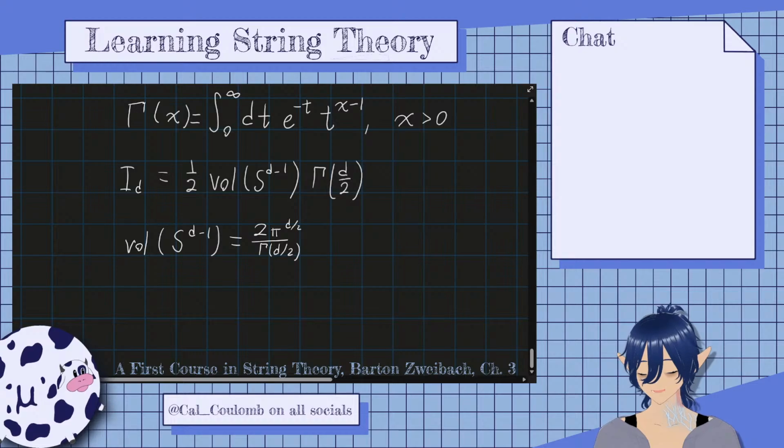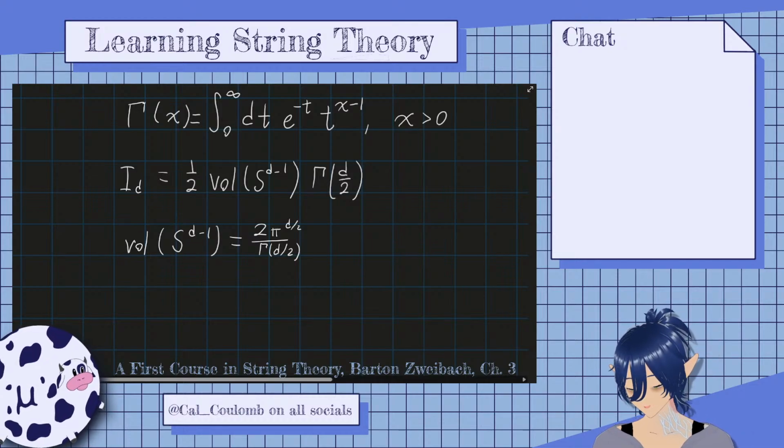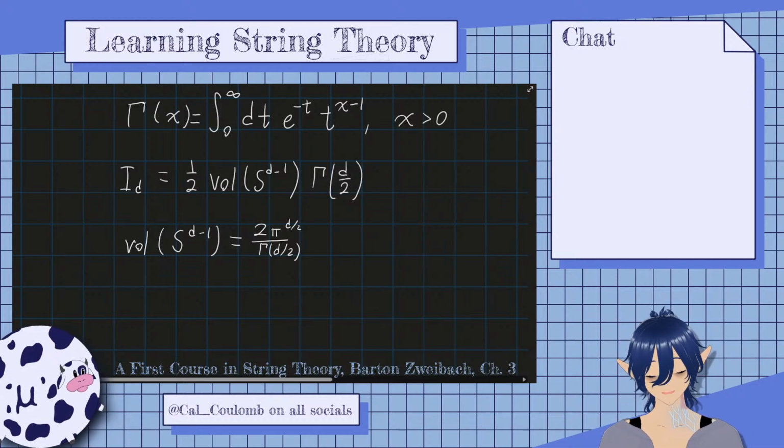It now remains to calculate the value of Γ(d/2). Since d is an integer, we must determine the values of the gamma function for both integer and half-integer arguments.